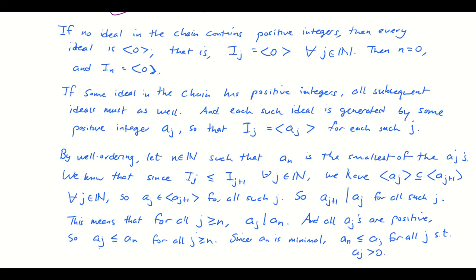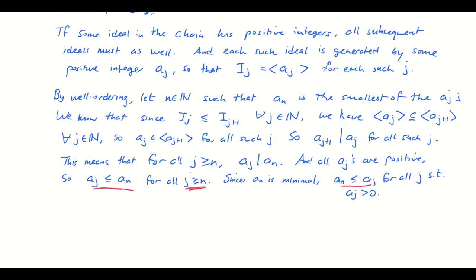Given this, and given this, and this condition held only when j is greater than or equal to n, all this means that a sub j has to equal a sub n for all j greater than or equal to n.